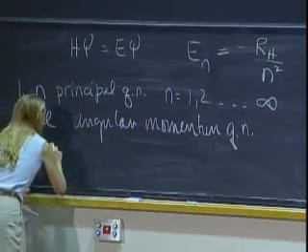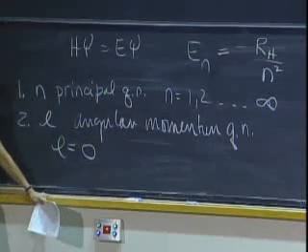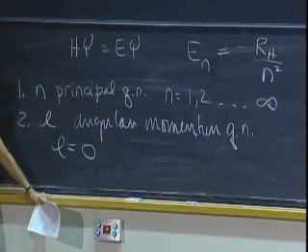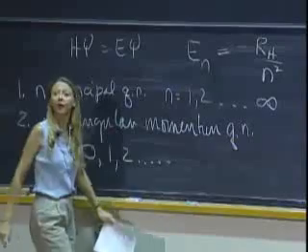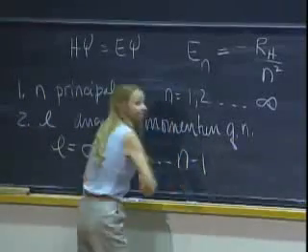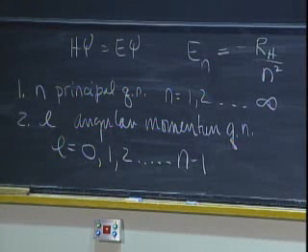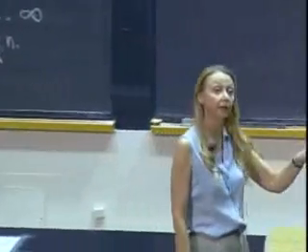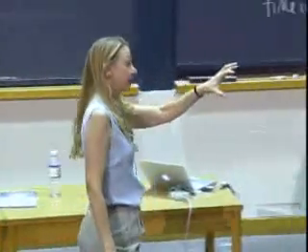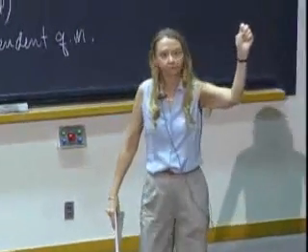It has allowed values. The allowed values of L now are 0, the smallest value of L allowed, then 1, 2, all the way up to n minus 1. That's the largest value it can have. It can't be any larger than n minus 1. Why can't it be larger than n minus 1? Well, if you want to think classically for a moment, the angular momentum quantum number dictates how much rotational kinetic energy you have.